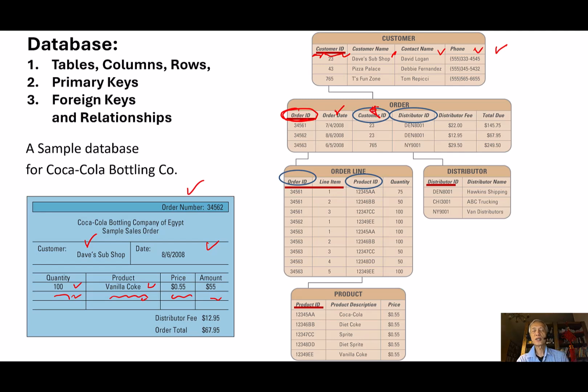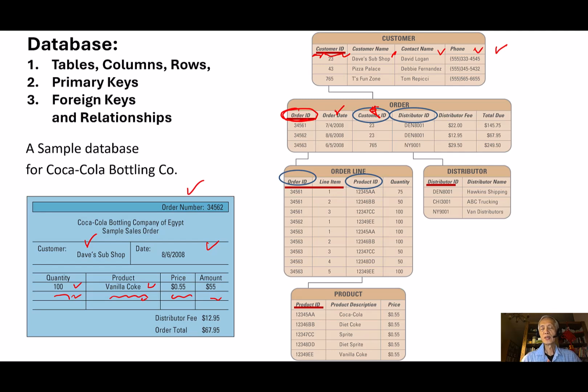We just need to have a column customer ID in the order table. We don't need to store the rest of the customer information, like their name, contact name, or phone number. Only customer ID will be sufficient. This allows us to avoid any redundancy. Reducing or avoiding redundancy is very important in database design and in data management.